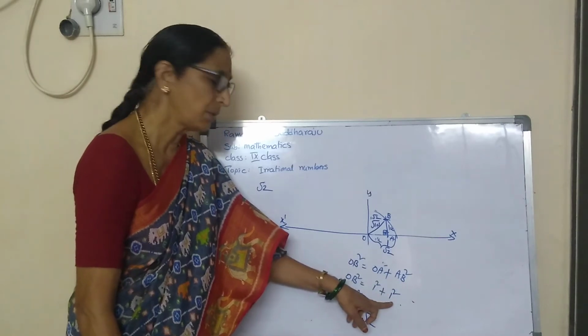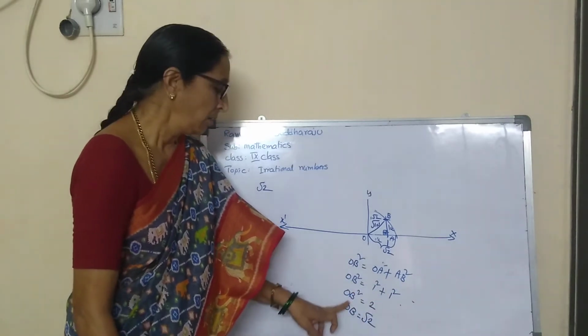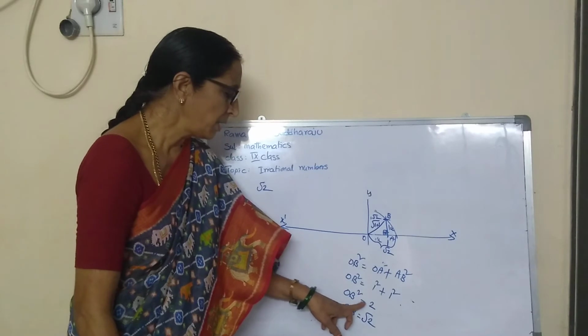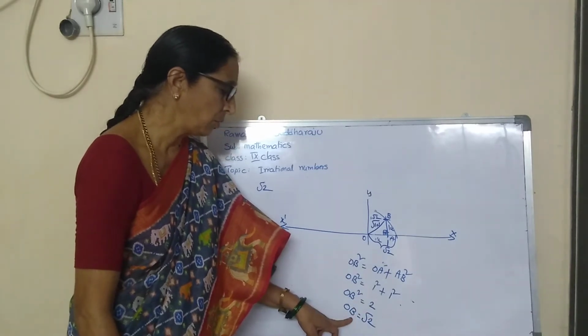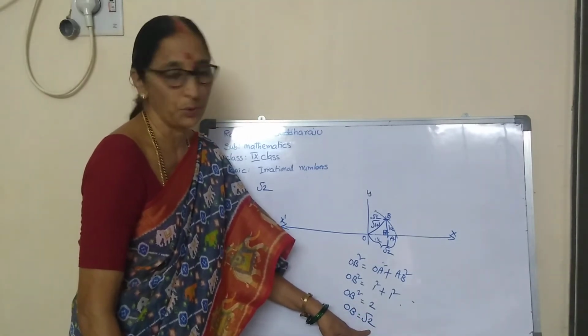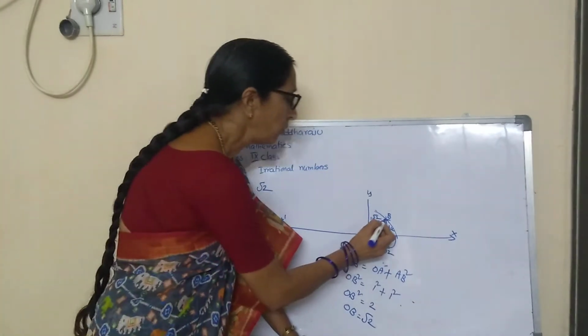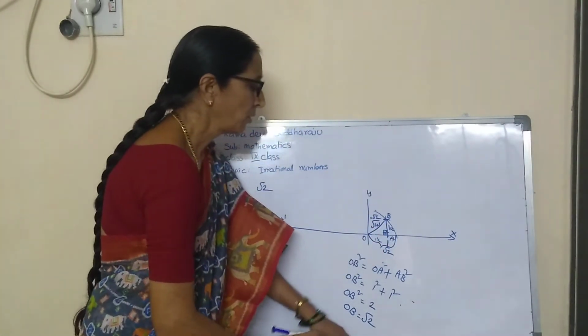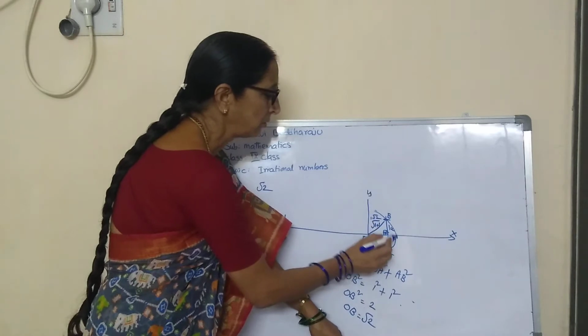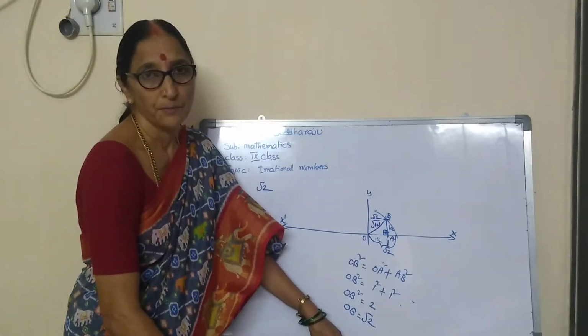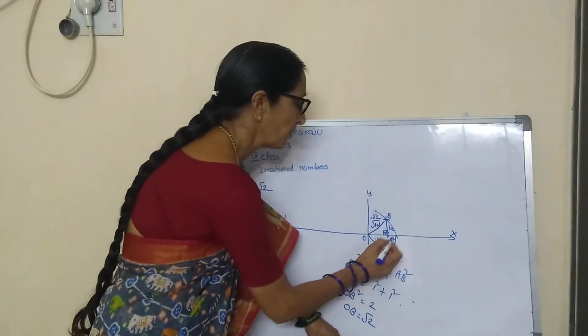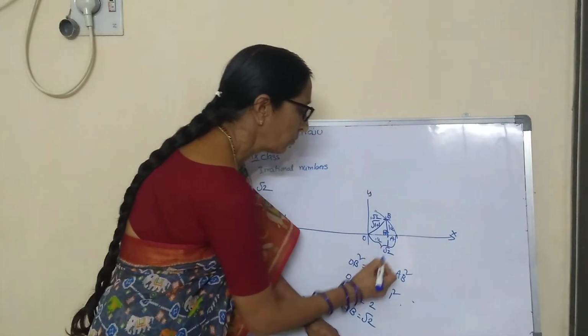That is 1 square plus 1 square. Therefore, OB square is equal to 2. OB is equal to root 2. Taking OB as a radius, we draw an arc on the x-axis, which gives the root 2.